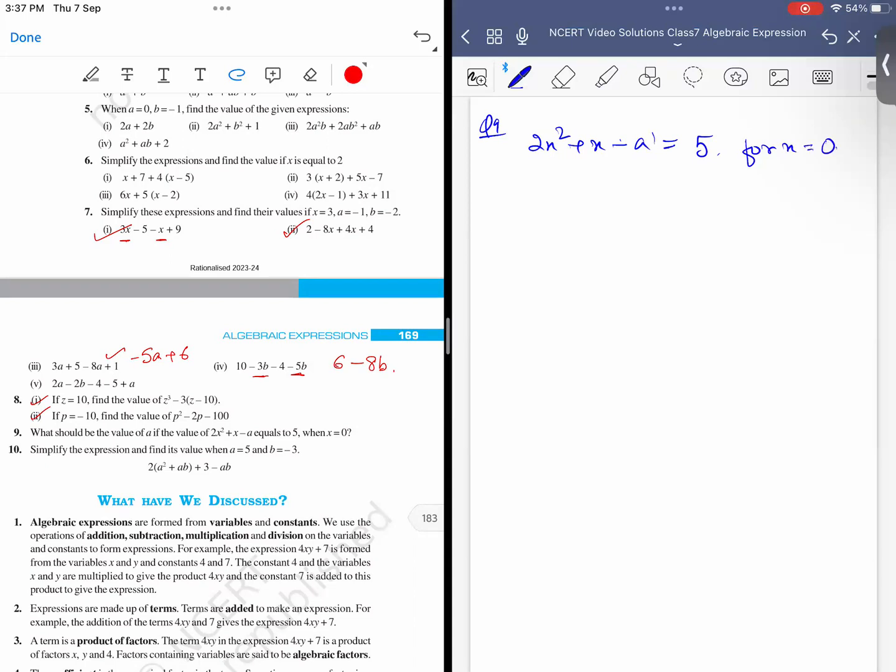So put x equal to 0: 2 into 0 square plus 0 minus a is equal to 5. So minus a is equal to 5. Multiplying negatives on both sides, we get a is equal to minus 5. The answer.